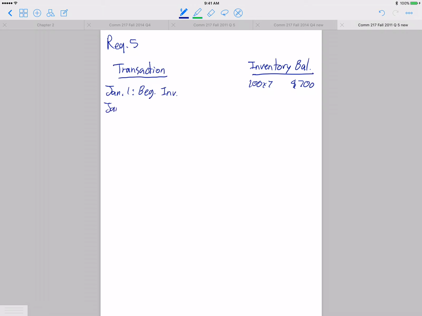And on January 18th, we have purchases of 700 units at $10 each, which gives us $7,000.